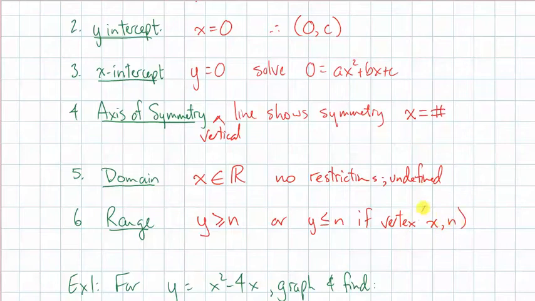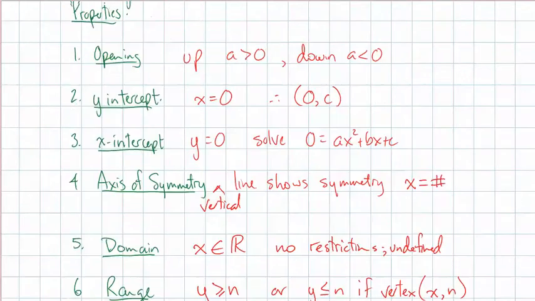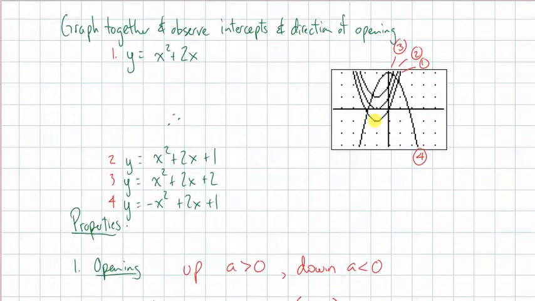Notice how I use the same number n. Now, the vertex is the turning point on the graph. It's the place where it stops going down and starts going back up. So here, here, here. And this one is going up and it stops and starts going back down. The vertex is over here. The vertex represents either the lowest place you can go on these three graphs, that's the lowest it goes and it's always up from there, or the highest place you can be and therefore you're always down from there.